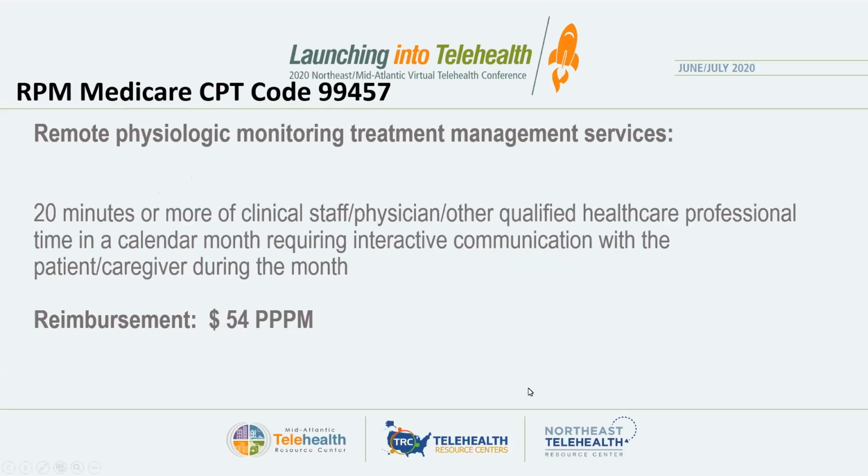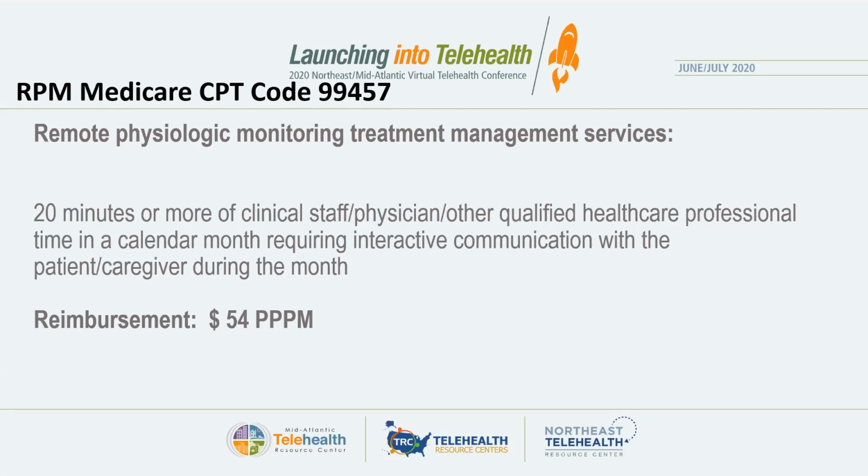So then there's CPT code 99457. And this is the treatment management services. This is once the nurse reaches 20 minutes of time reviewing the data, calling the patient, doing the assessment, providing education, contacting the provider, and documenting what you have done.